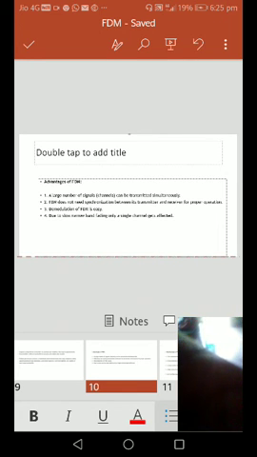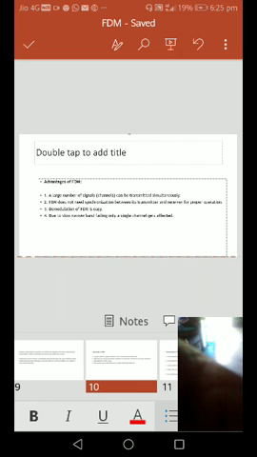Next, the third point is that demodulation of FDM is easy to construct.